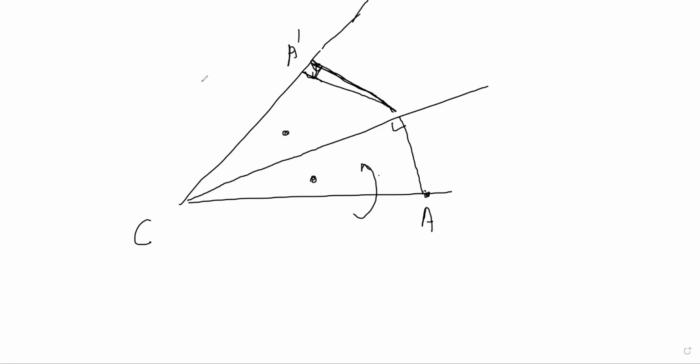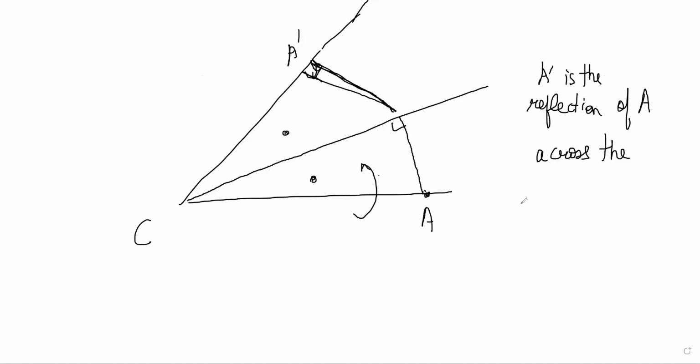So what we can say is A dash is the reflection of A across the angle bisector. The angle bisector acts as the mirror and the reflection is across that. Basically, you can draw a perpendicular like this that passes through this.